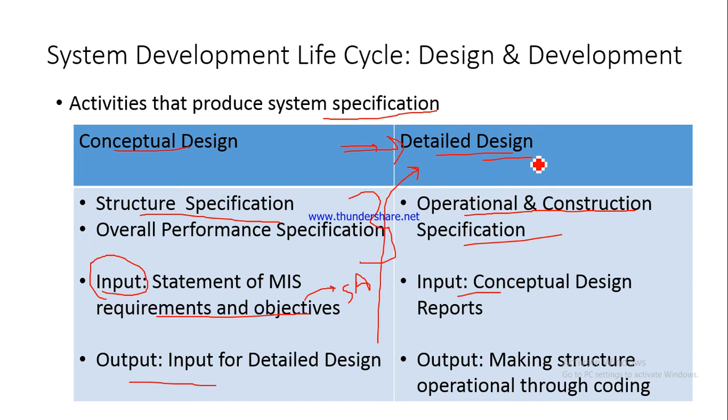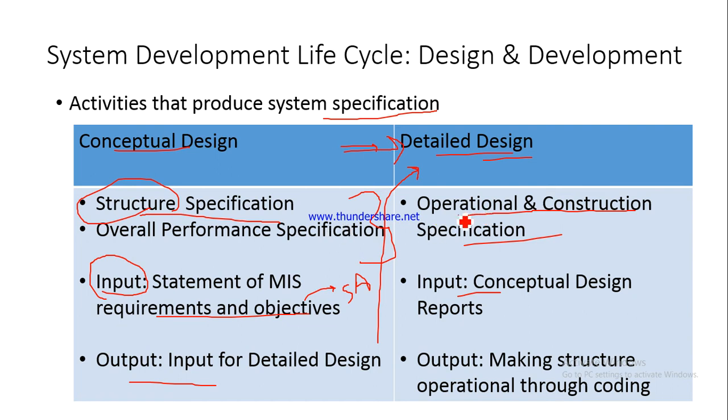Distinction number one, the input to conceptual design, as we have discussed, is the information provided by the system analysis, regarding what the organization requires and what is going to be the objective of the new system, right? Its output will act as an input for the detailed design. Here we will be specifying only the broad structure and the broad overall performance levels that we want.